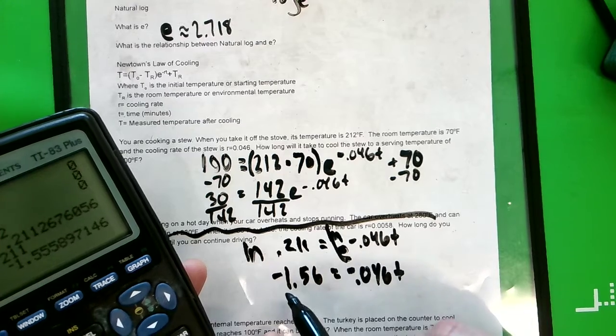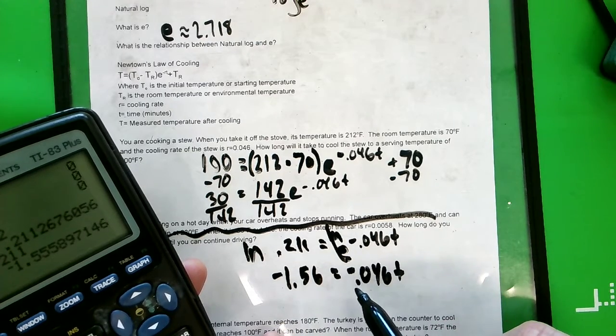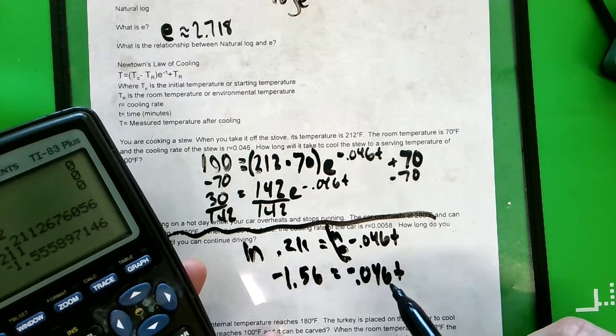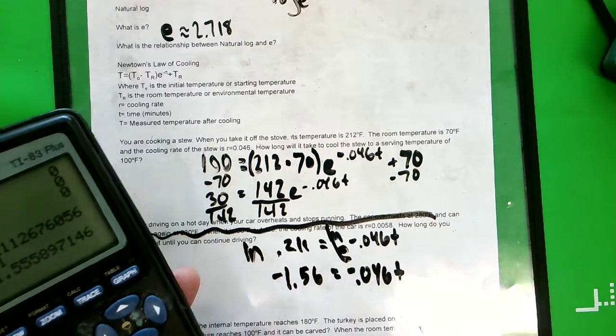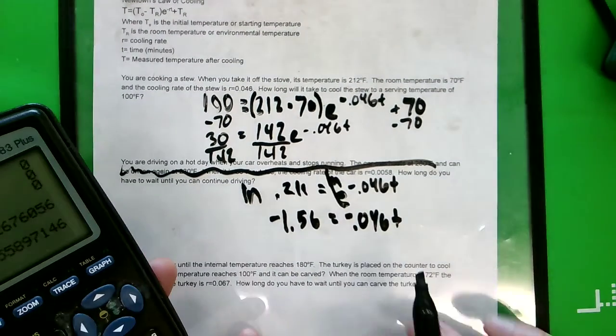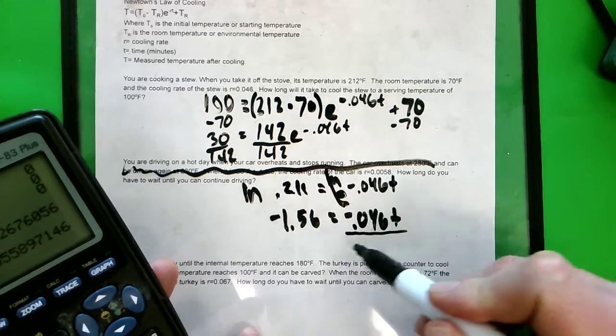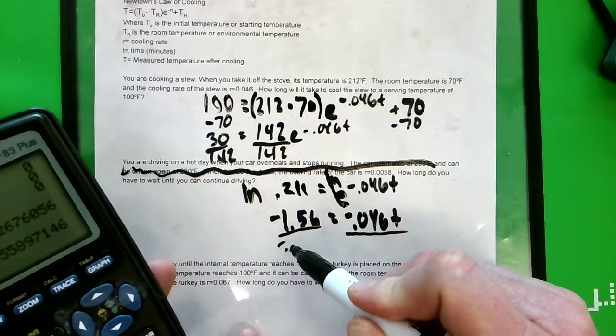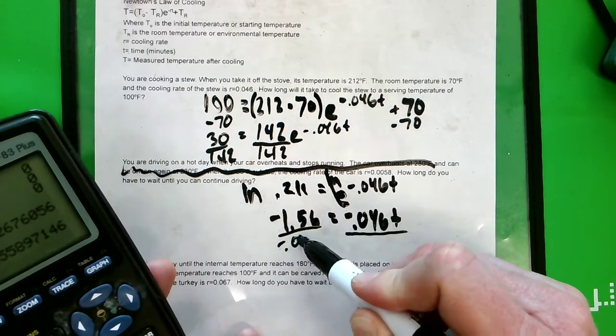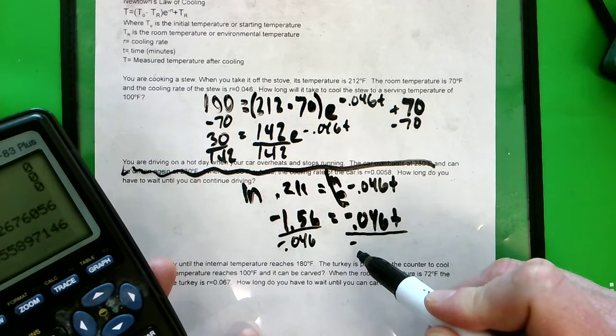So now the problem is negative 1.56 equals negative 0.046t. And the only thing left to do is divide both sides by negative 0.046 to find out our time.